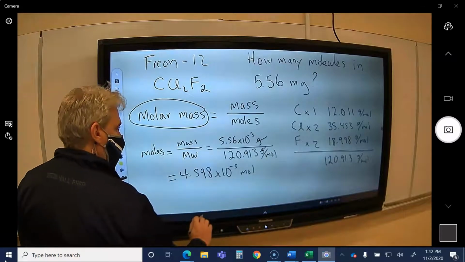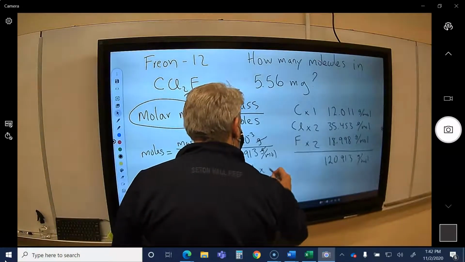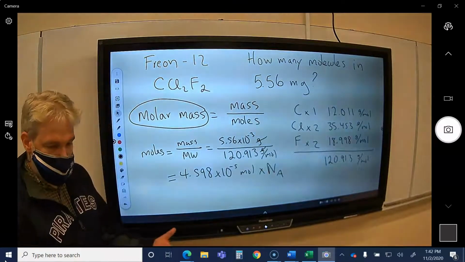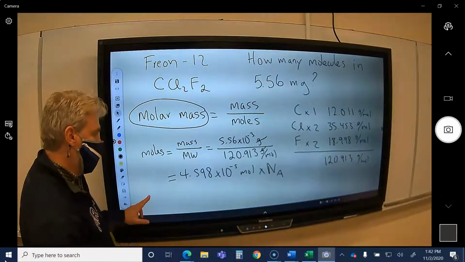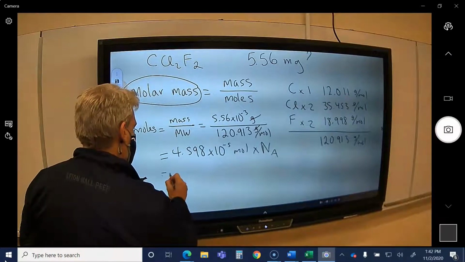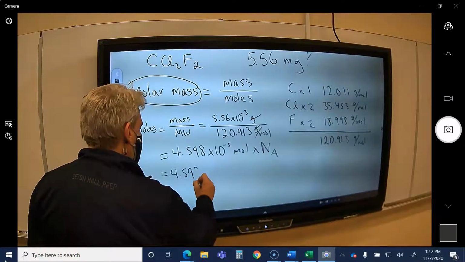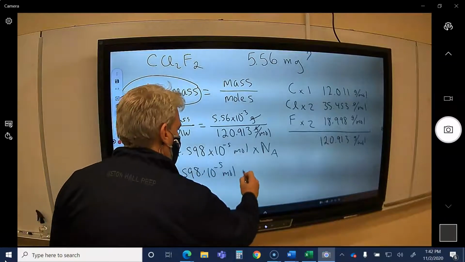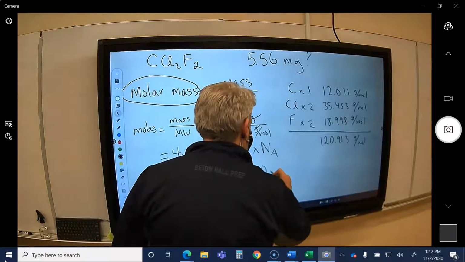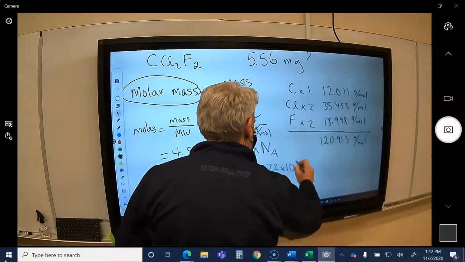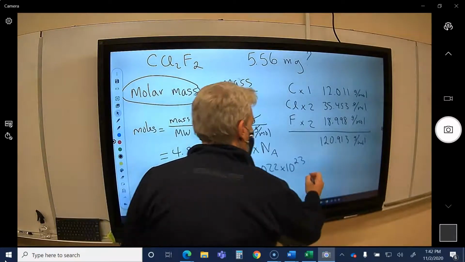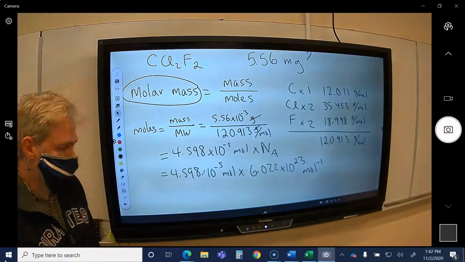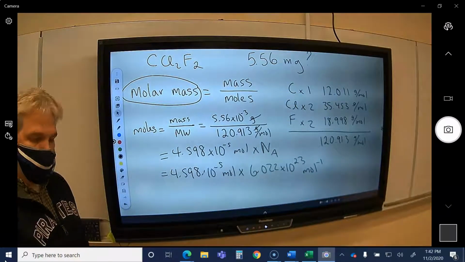So we're going to multiply by Avogadro's number, which you may have memorized by now. You could certainly look it up. It's going to be equal to 4.598 times 10 to the minus 5 moles times 6.022 times 10 to the 23rd. The units on Avogadro's number are per mole, or mole to the minus 1, or 1 over mole.